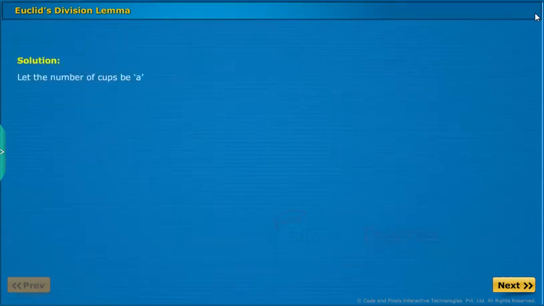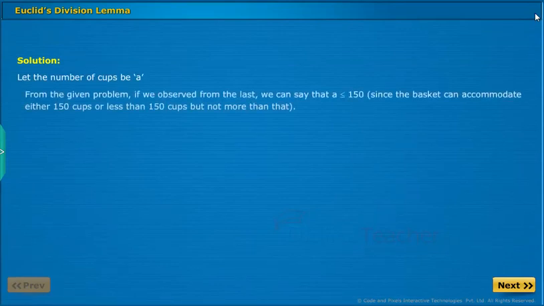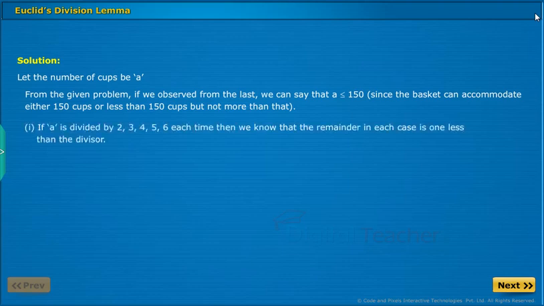Solution. Let the number of cups be A. From the given problem, if we observe it from the last, we can say that A is less than or equal to 150, since the basket can accommodate either 150 cups or fewer, but not more than that. 1. If A is divided by 2, 3, 4, 5, 6 each time, then the remainder in each case is 1 less than the divisor.